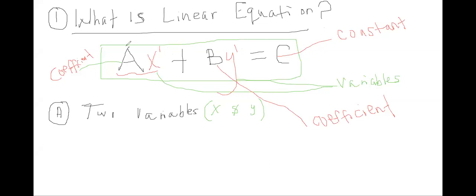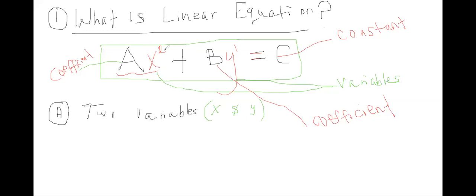An equation is just a mathematical expression separated by an equals sign. If you have a term on the left-hand side and on the right-hand side separated by an equals sign, we can call it an equation. If the highest power of a variable is 1, then we can call it a linear equation. If it is not 1 but 2, then we cannot call this equation a linear equation.